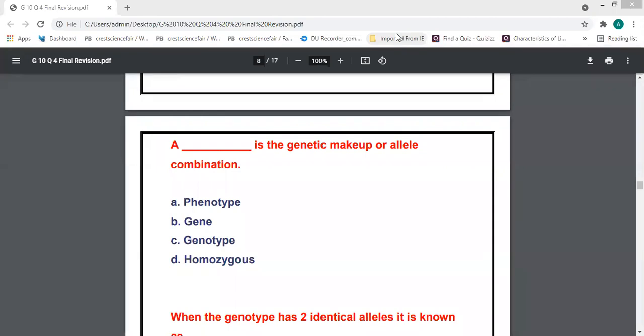What is a genetic makeup or allele combination? Who can answer this question?